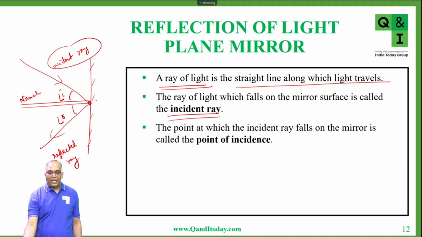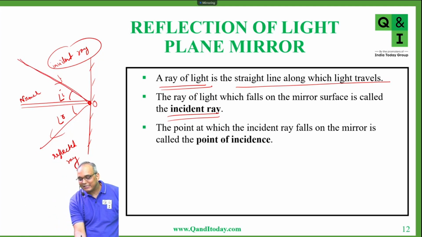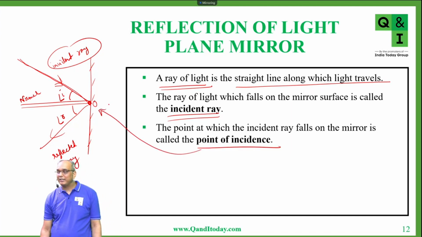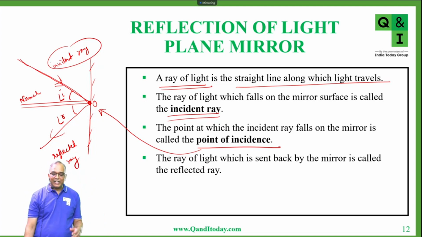Now, point O, at which the incident ray hits the mirror, is called the point of incidence. The ray of light which is sent back by the mirror is called the reflected ray.